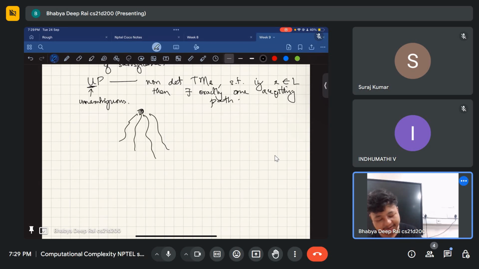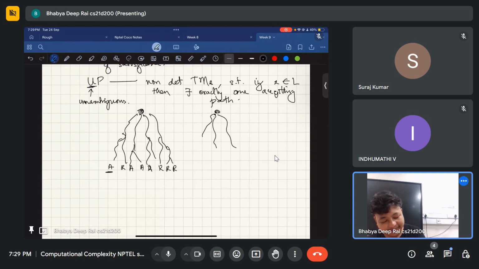Well, there were several branching computation paths, and there could be more than one accepting path. As long as there is at least one, we are fine. But UP, unambiguous P, means that there exists exactly one accepting path.